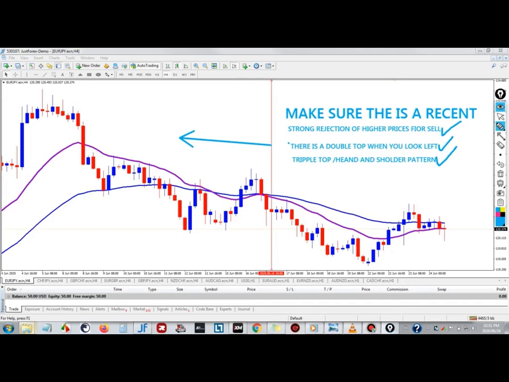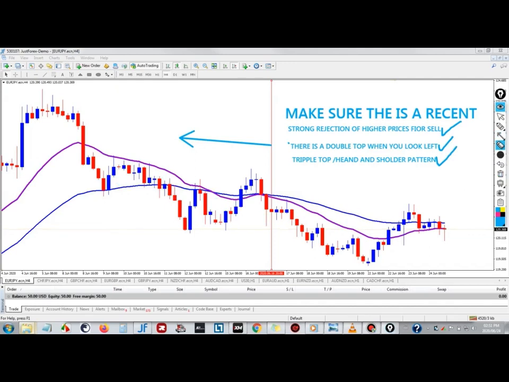This is also applicable when you're gonna trade the 4 hour, when you're gonna trade the daily if you are a swing trader, or even the 15-minute time frame if you are a scalper. So guys, I think that's all I want to share concerning this example.